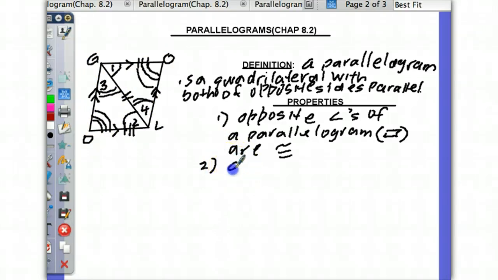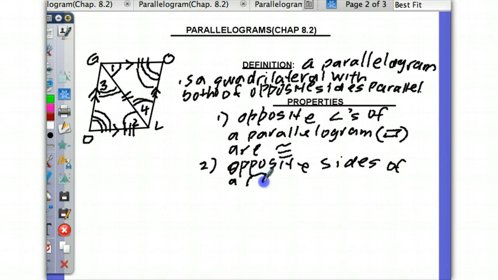So we have opposite sides of a parallelogram are also congruent. That's a second feature. Opposite sides are congruent. And by the way, GD would have to be the same as OL also, although I didn't mark it.